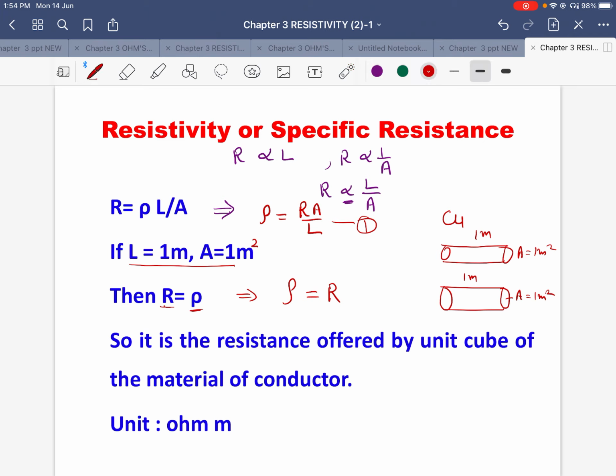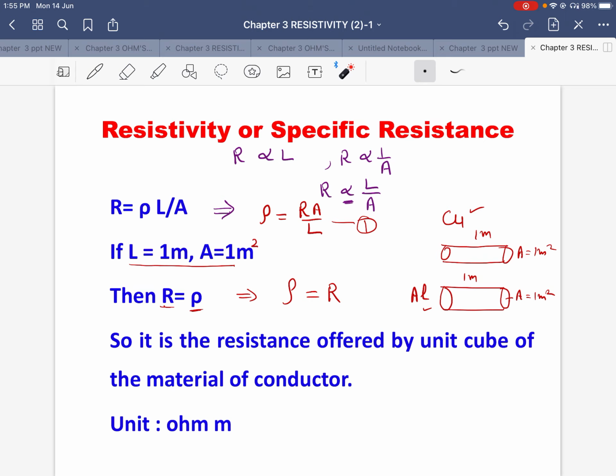It means resistivity of material depends upon the nature of material. It is different for different material. It will be different for copper and aluminium also, but it is independent of the dimensions.